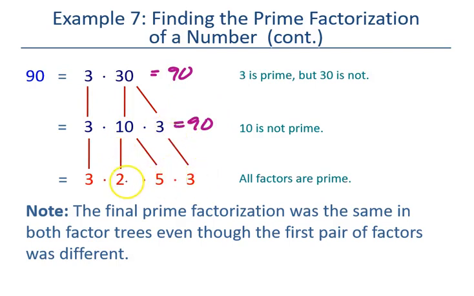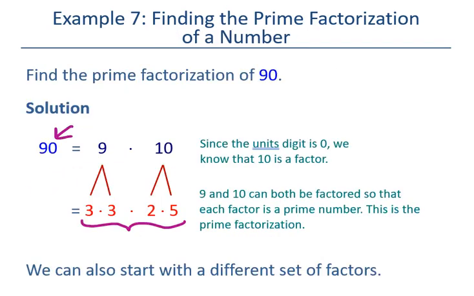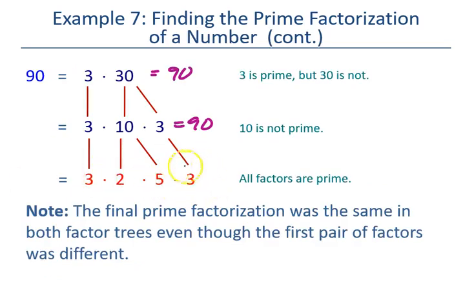This is the exact same numbers I got from the previous page: 3, 3, 2, 5 and here 3, 2, 5, 3. Same numbers, just in a different order, which doesn't really matter. They still multiply out to 90. So the final prime factorization was the same in both factor trees.